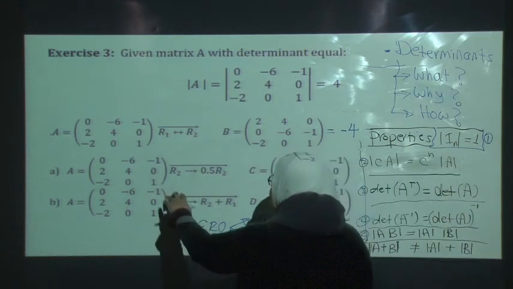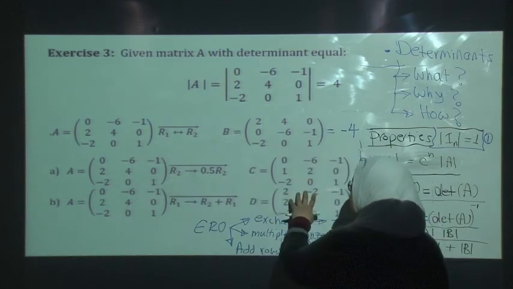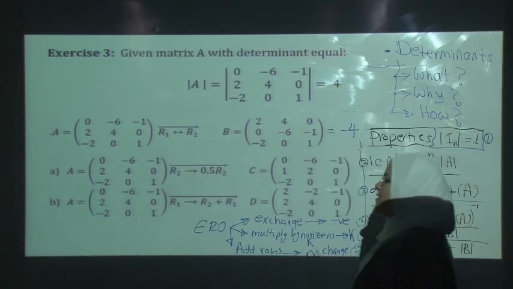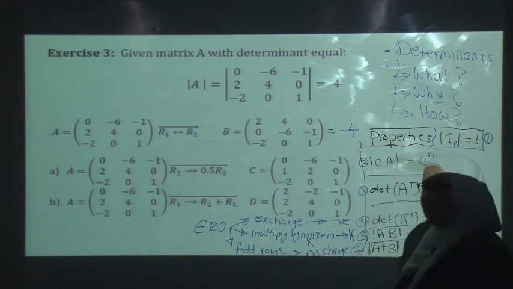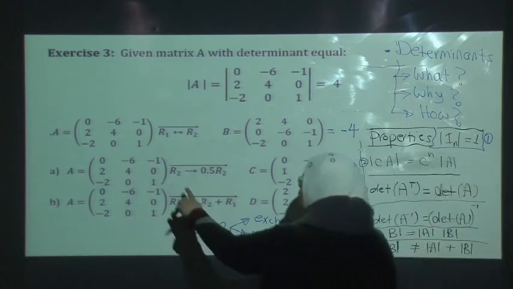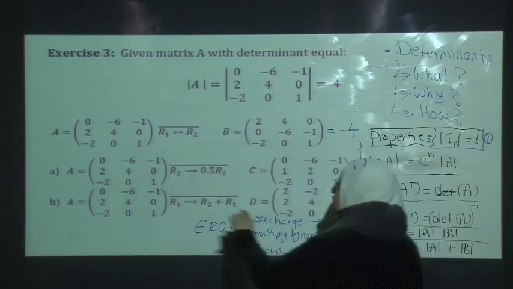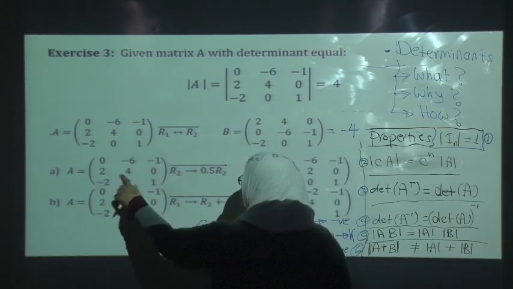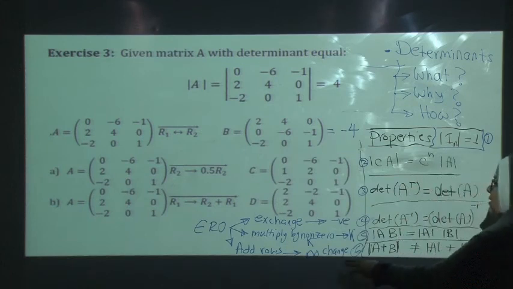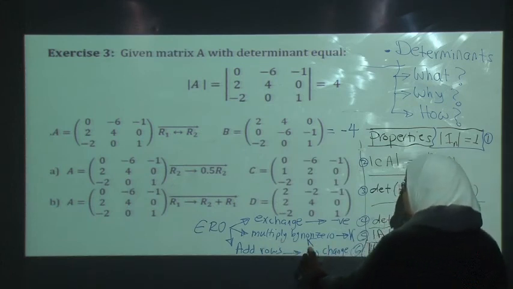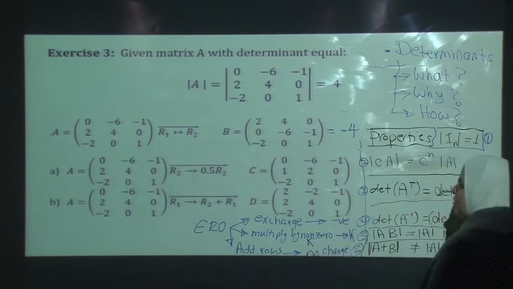The second matrix, C, is actually very easy. It's telling us the operation which happened, so we don't even have to observe it. Row 2 was multiplied by 1/2, so we got 1, 2, and 0. Multiplying by any non-zero constant K, it will appear in the determinant.